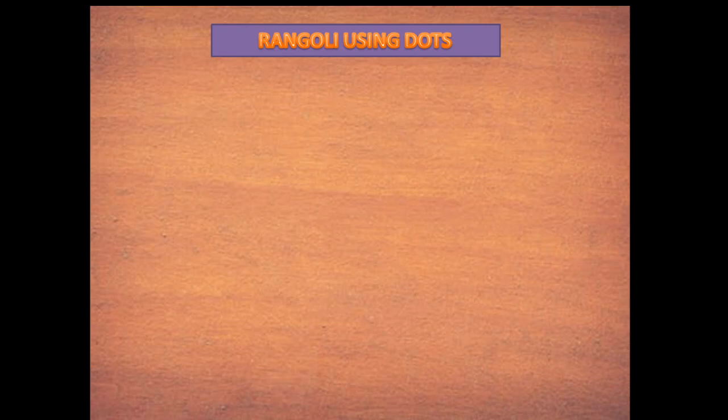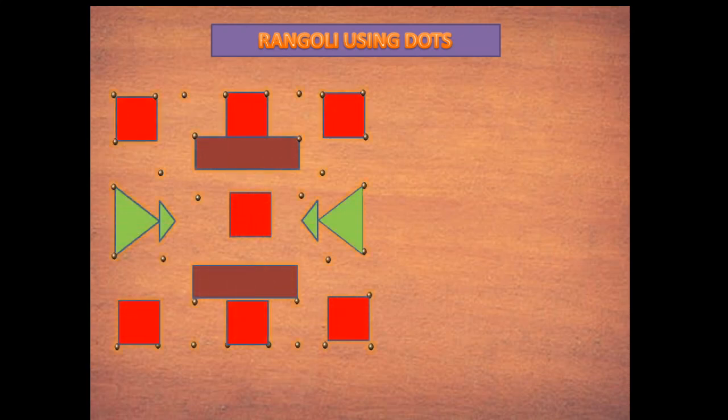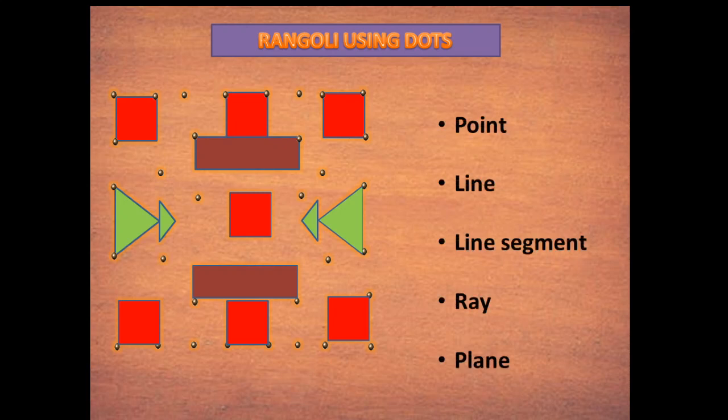Some have patterns in them. So here we have a rangoli which has patterns, which has dots and segments in it. All these things are nothing but geometrical shapes. So children, using this rangoli, we will learn about point, line, line segment, ray and plane in this chapter.